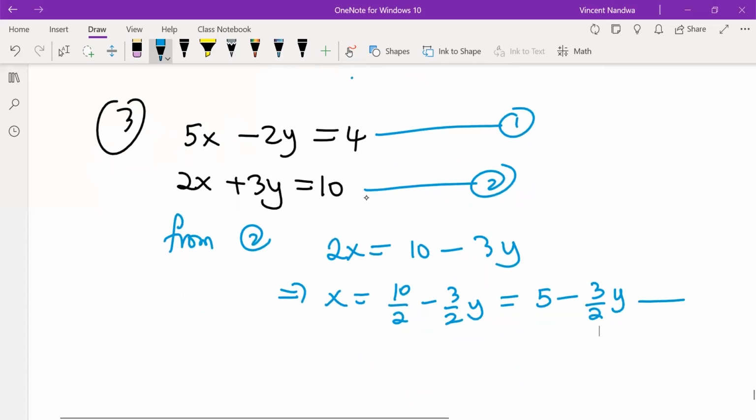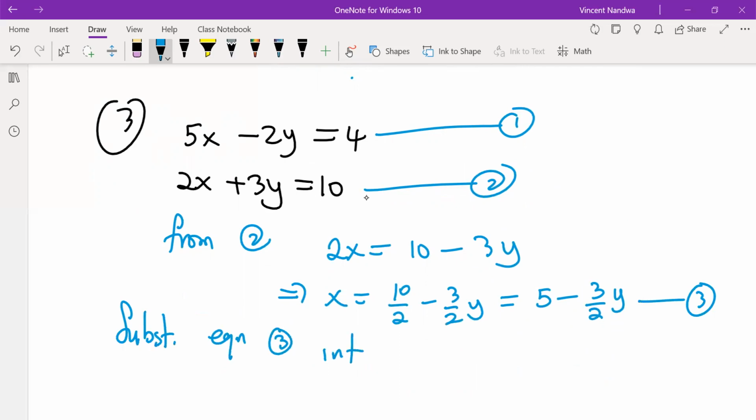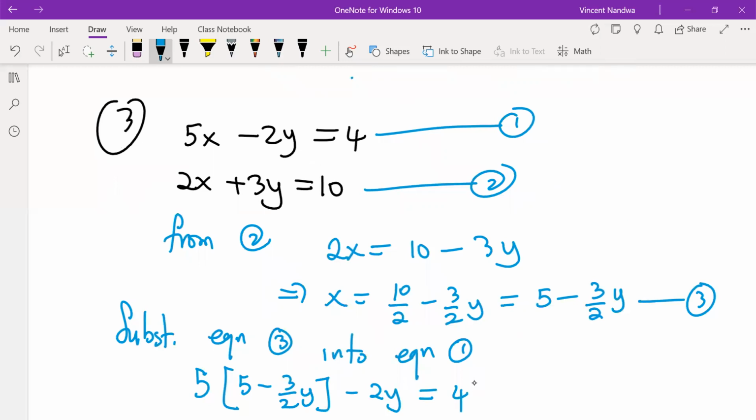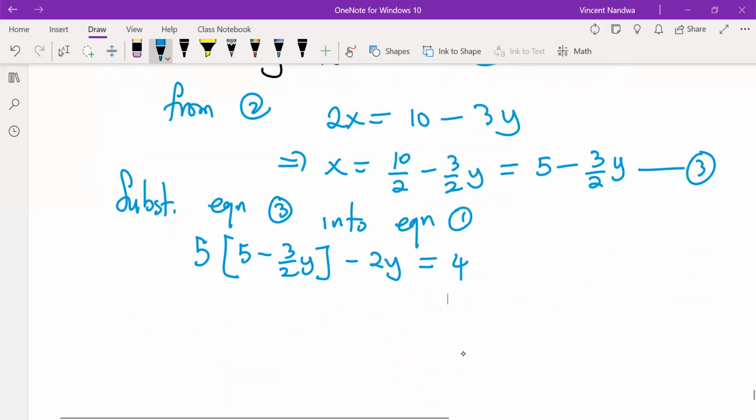So call this one 3. Now substitute equation 3 into equation 1, because 3 was obtained from 2. So we'll have 5 into 5 minus 3 over 2y, minus 2y equals 4. 5 by 5 is 25. 5 by 3 is 15.